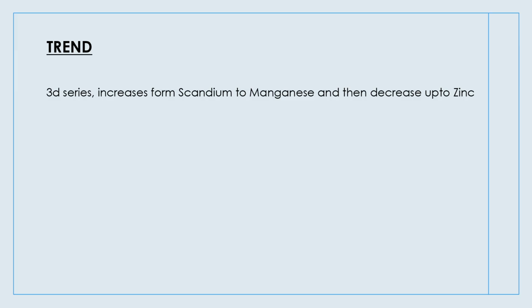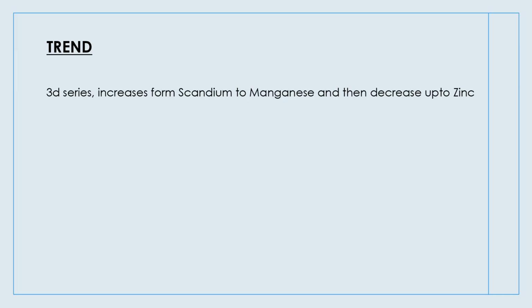Now the trend for the variable oxidation state, as we have discussed in the table, is that there is an increase in the oxidation state from scandium to manganese. Then you see a decrease in the oxidation state up till zinc.